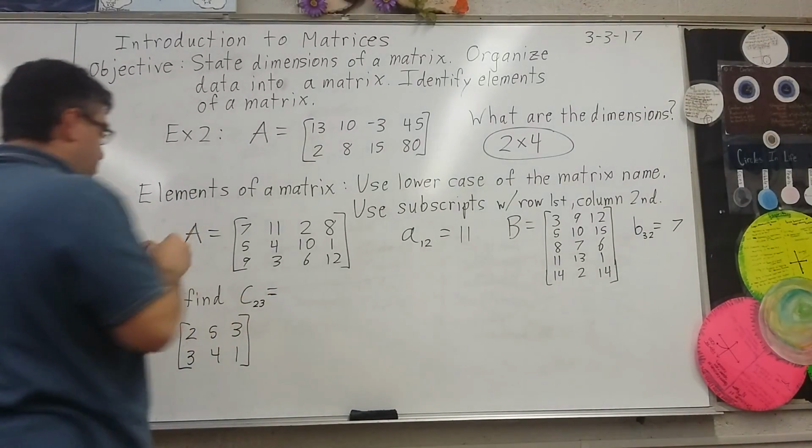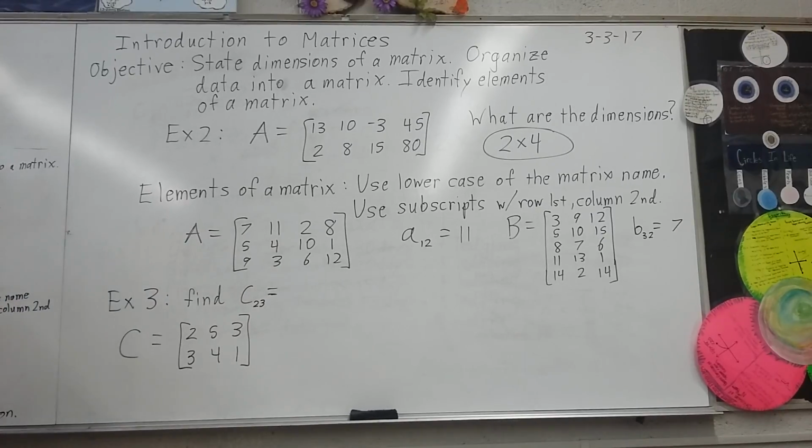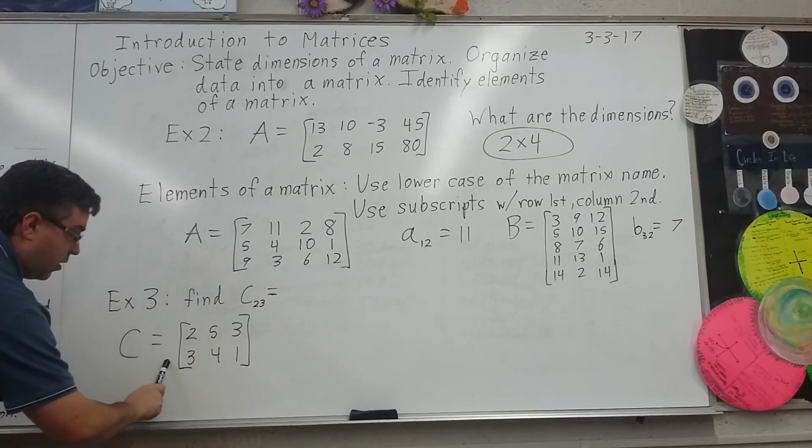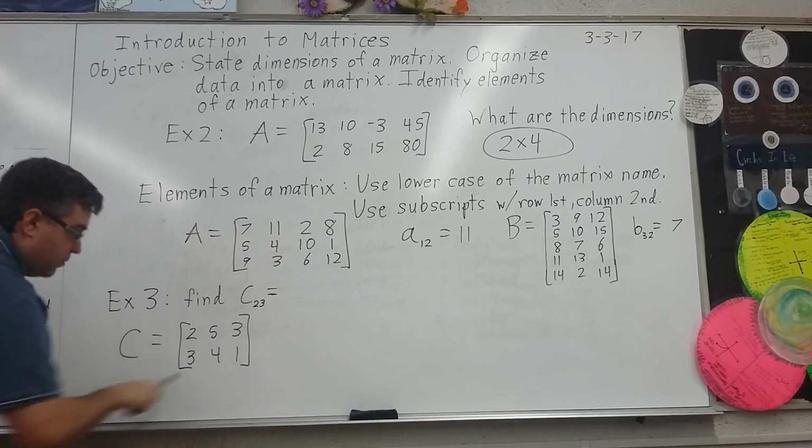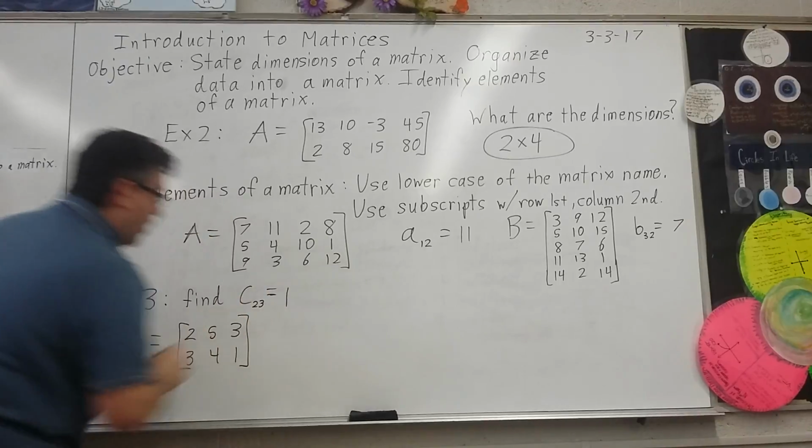C sub 2, 3. Christina. I know the answer. Right, so tell me. 1. Anybody else? Anybody not understand why it's 1? 1, 2, second row, third column. 1, 2, 3, 1, right there. So 1.